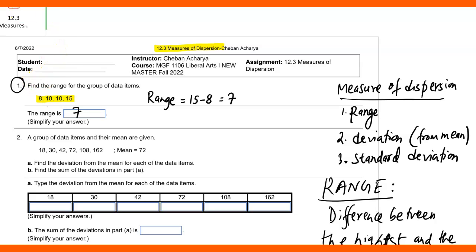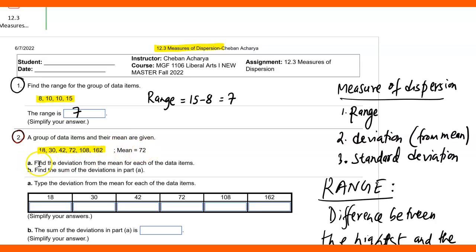Pretty simple, right? Question number 2 is about finding the deviation from the mean for each of the data items. Therefore, the next measure of dispersion is going to be deviation from the mean. The data are given here: 18, 30, 42, 72, 108, 162. The mean of the data is 72. You don't have to find it. The mean is given.